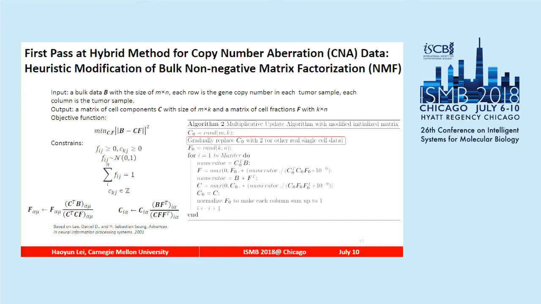With this knowledge, we gradually set the entries of the initialization to diploid, and by doing this, we find the average accuracy significantly improved. In another set of experiments, we replace the random initialization with some real single-cell data, and we find that the average accuracy improved further.